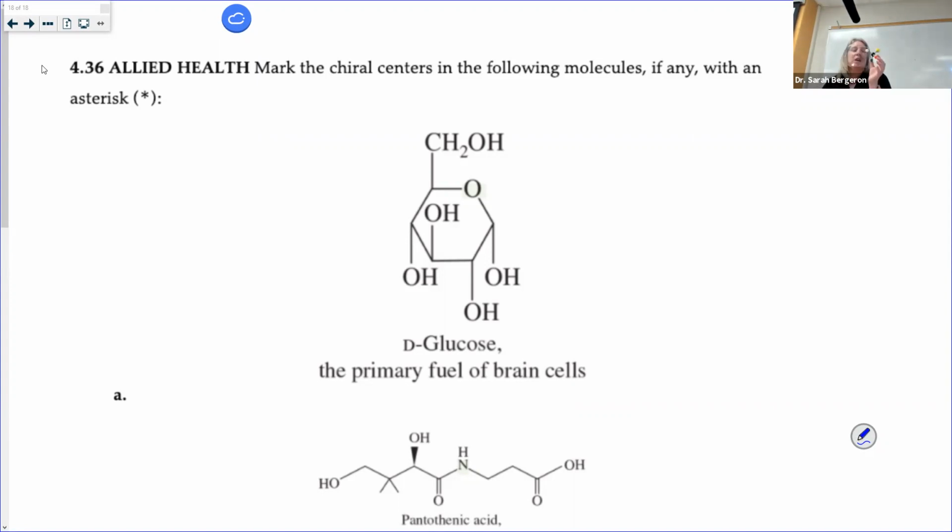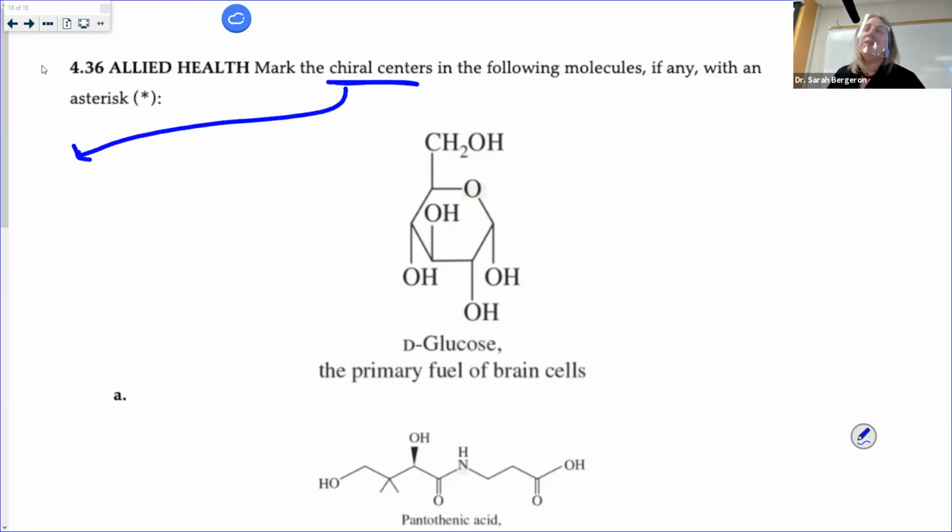So if I have a carbon that has four different things attached to it, if I had another one, I could position my four so that I have four different things around it, but they would be non-superimposable. They wouldn't line up when I laid them one on top of the other. So this only works in things that are chiral.